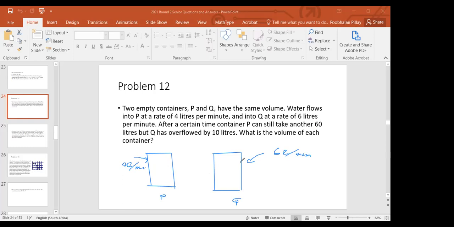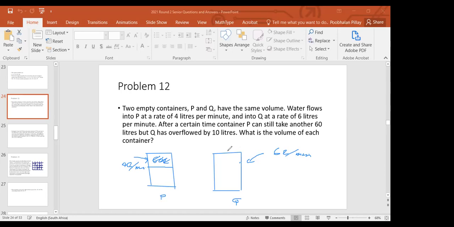So there's more water flowing into this than this in a single minute. Now after a certain time, container P can still take 60 liters. So P is still not full, but it can still take 60 liters. In other words, the extra volume is 60 liters here, right?